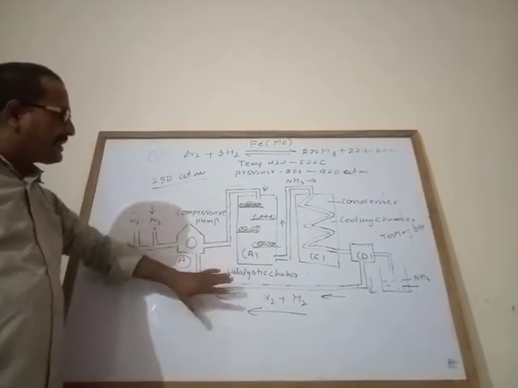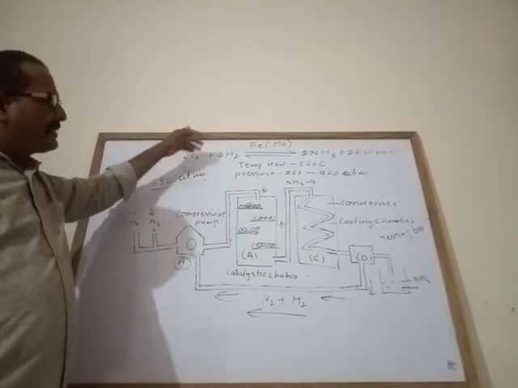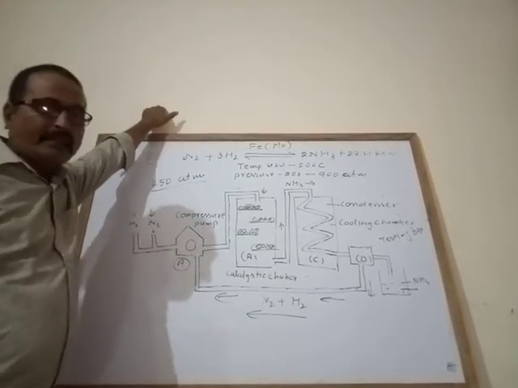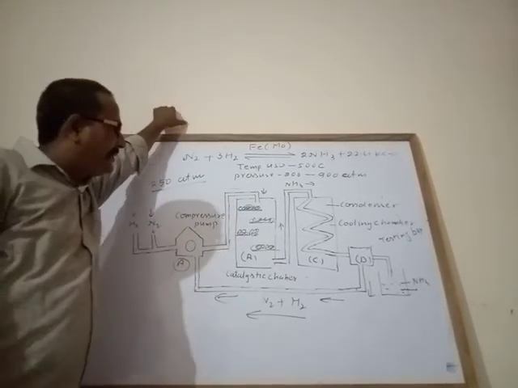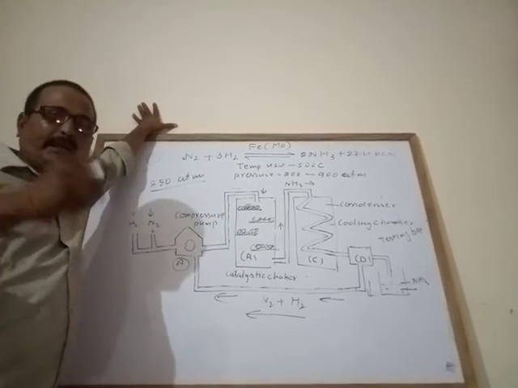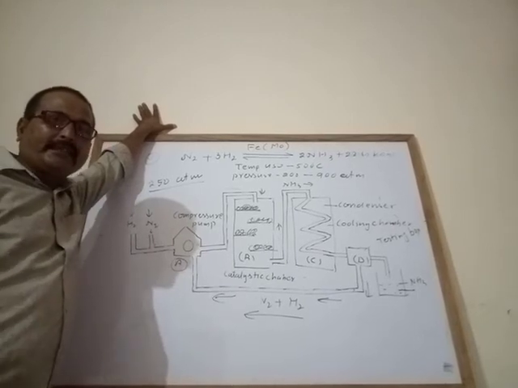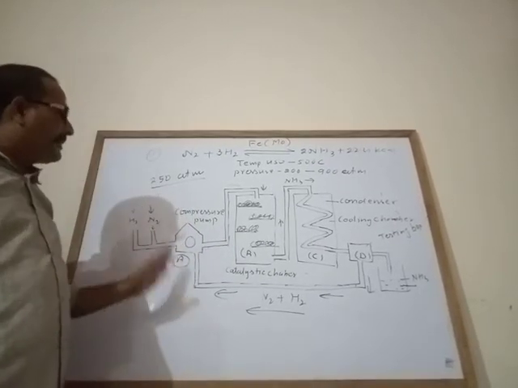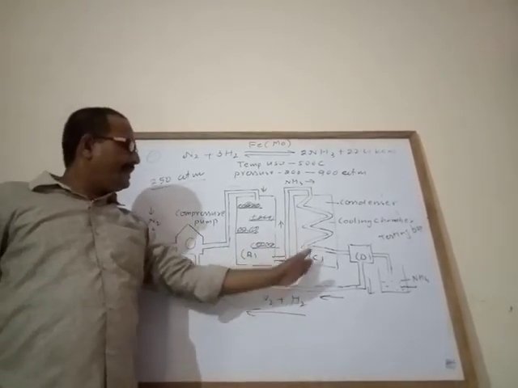Means on the basis of that they can ask many questions. Draw the flow chart of the preparation of ammonia on a large scale or by Haber process. Explain the reaction taking place in the different chambers A, B, C and D.